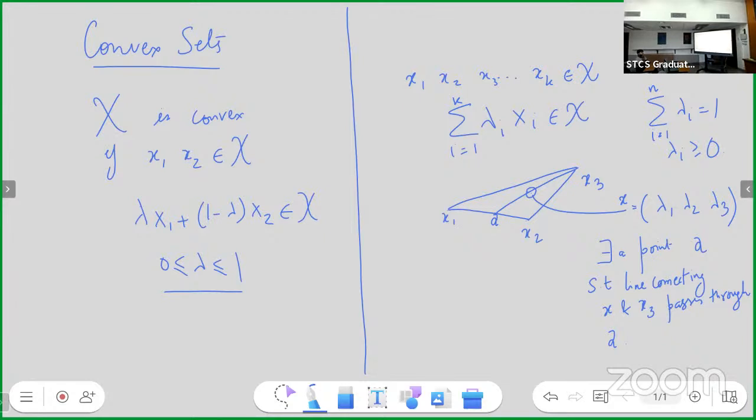So now can you give me a pictorial or a non-inductive argument to make this work for any k? Very simple argument compared to induction.